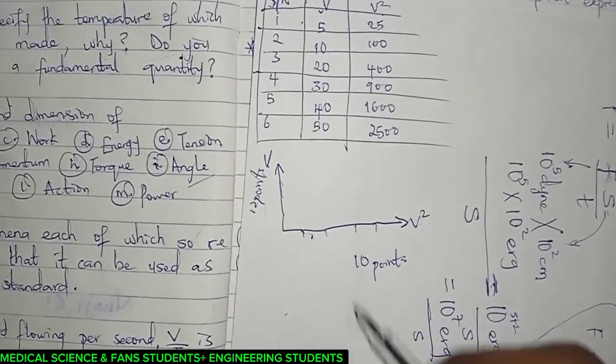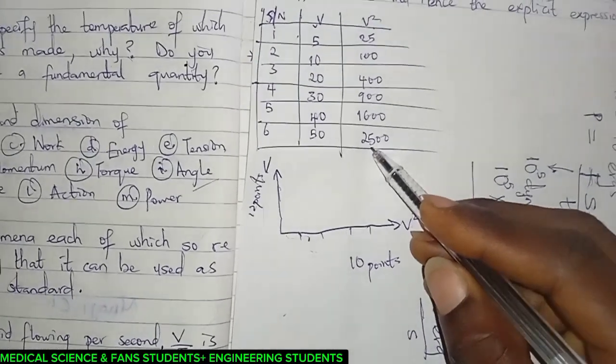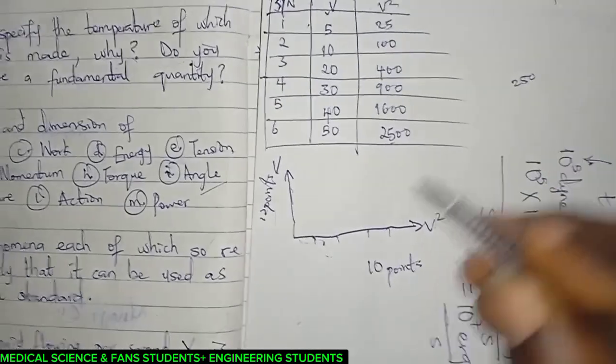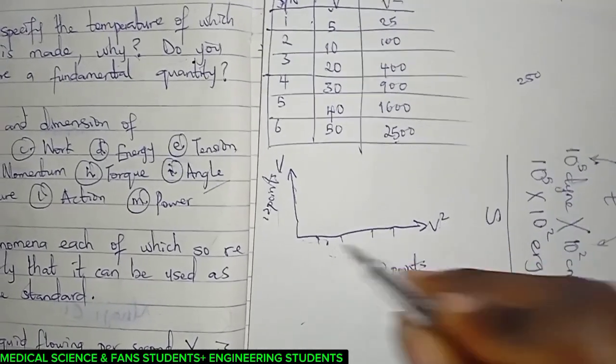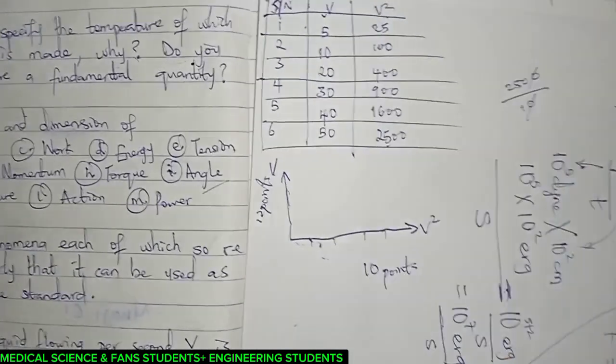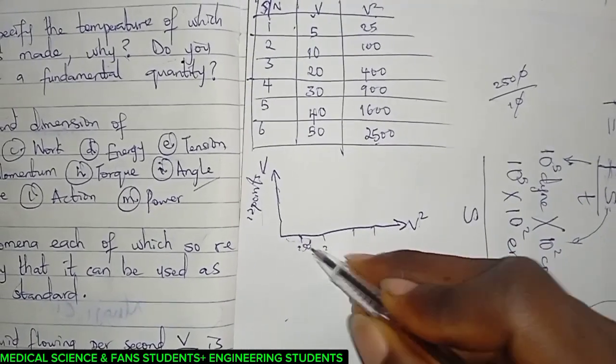So the standard method of doing this is to say the highest point here is 2500. 2500 divided by 10 points, because we are plotting this on the horizontal axis. 2500 divided by 10 is 250. So each point on your graph should be 250.